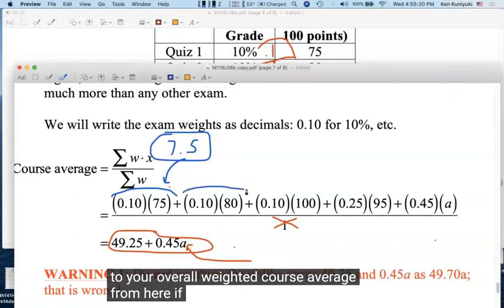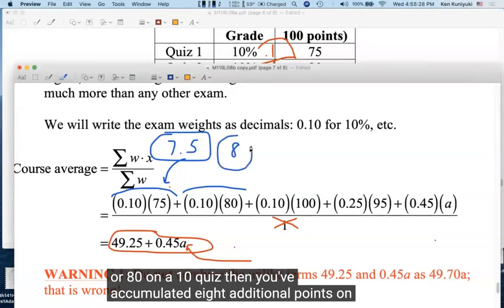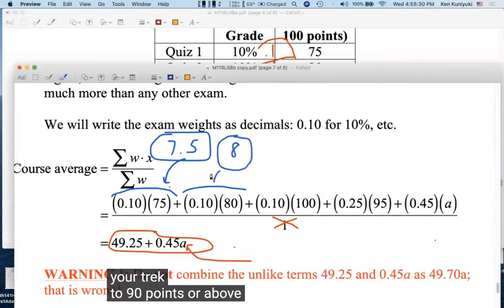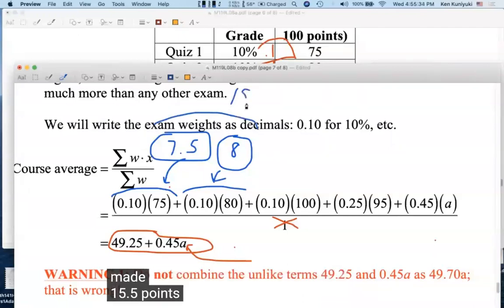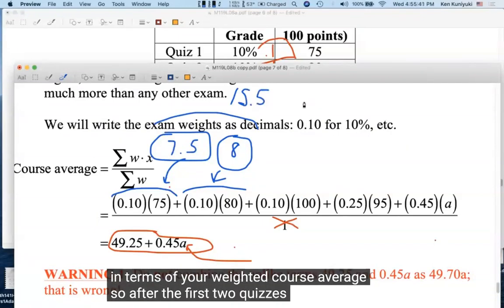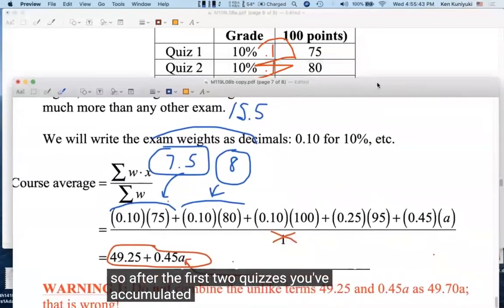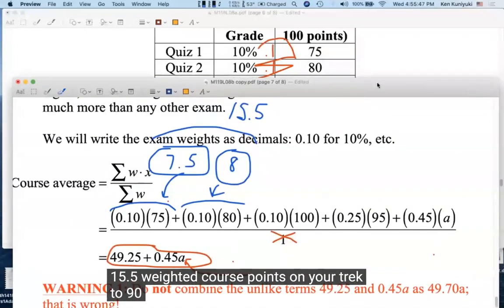From here, if you make 80 points or 80% on a 10% quiz, then you've accumulated 8 additional points on your trek to 90 points or above. So far, you've made 15.5 points in terms of your weighted course average. So after the first 2 quizzes, you've accumulated 15.5 weighted course points on your trek to 90 points or above.